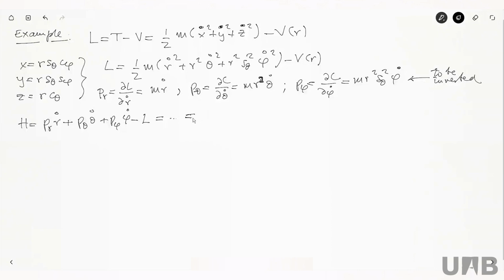And then once you invert all this, you compute all the terms, the result is 1 over 2m, p sub r squared plus p sub theta squared divided by r squared plus p sub phi squared divided by r squared sine squared theta, plus V of r. Okay? Now, equations of motion.